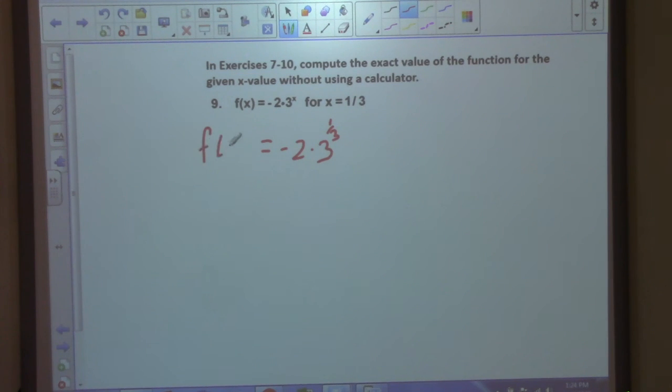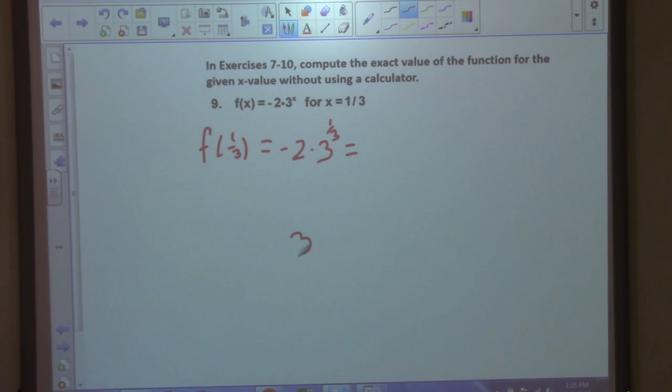Okay. Equals? Really running short on class time.